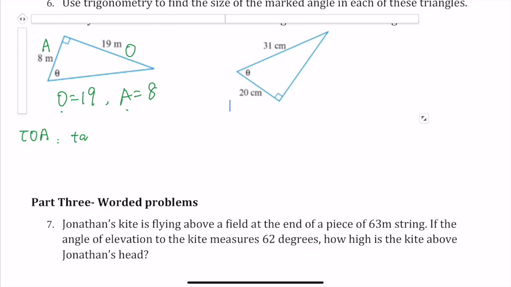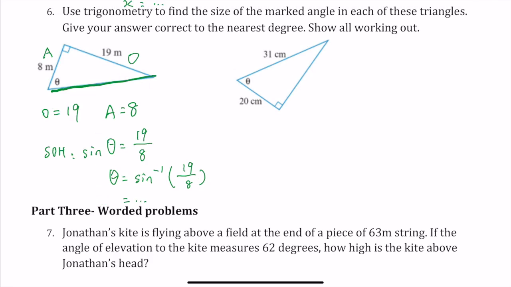So tan theta equals 19 over 8. So you are going to figure out theta, which means you are going to use the inverse tan of 19 over 8. So you are going to use your calculator, figure out the theta.